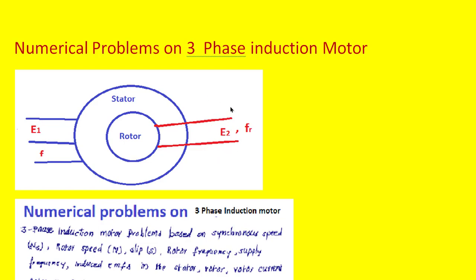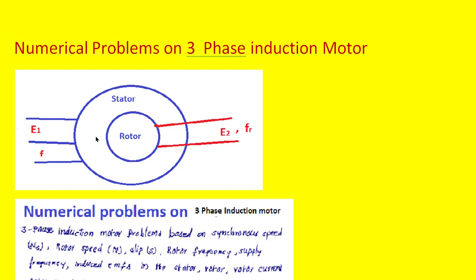Those external resistances are in star form and they are variable. Whereas in the case of squirrel cage rotor, the windings or bars are within the surface of the rotor.